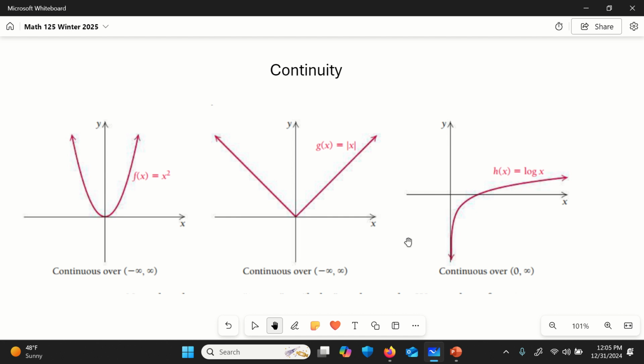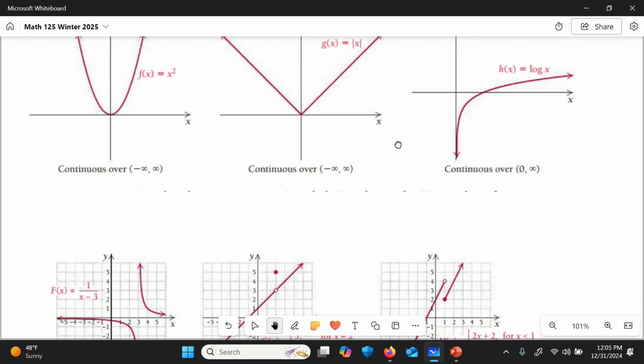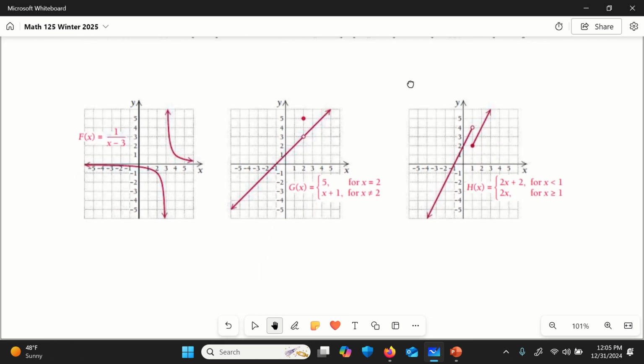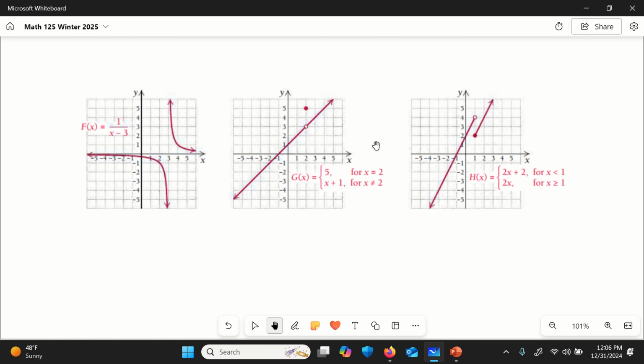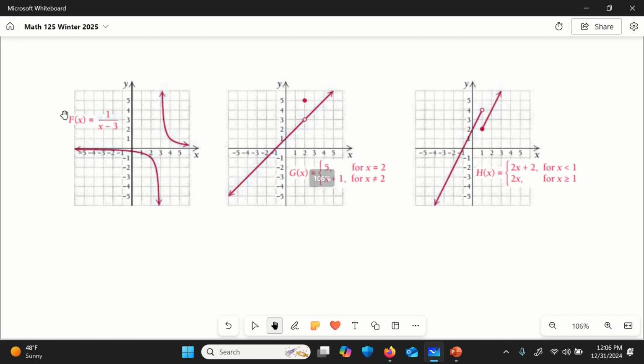Discontinuities, places where we are not continuous, can show up when we take a look at some other functions. So if we see a jump or a hole in the graph, then there is likely a discontinuity found there. So looking at these three graphs, the first graph on the left is the graph of a rational function, 1 over x minus 3.